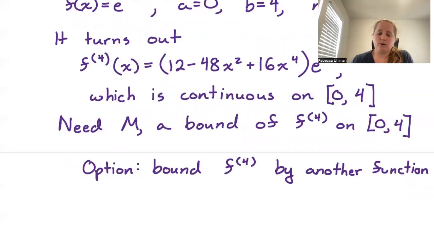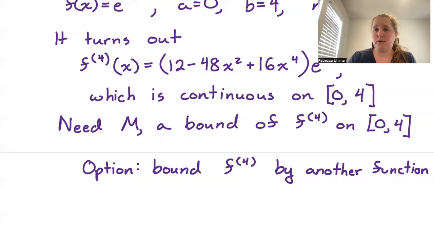So in this case, note the e to the negative x squared is trapped between 0 and 1 for x between 0 and 4, and really just for x greater than or equal to 0.